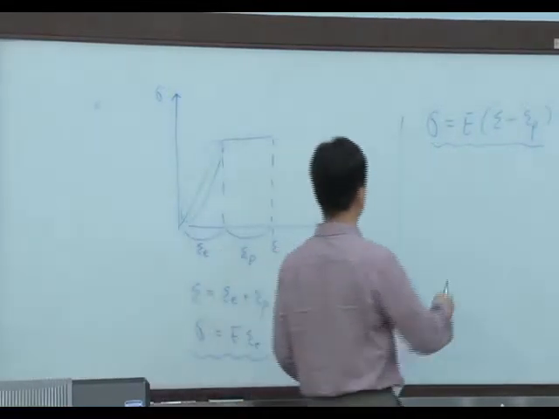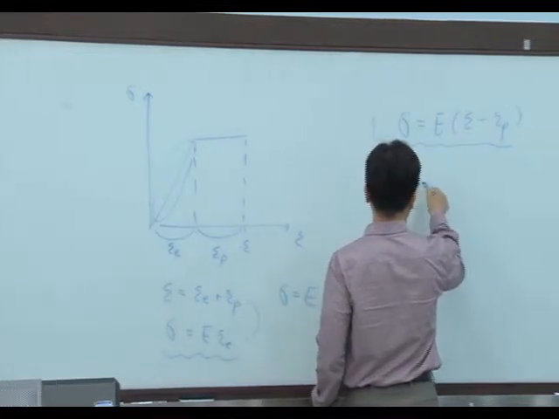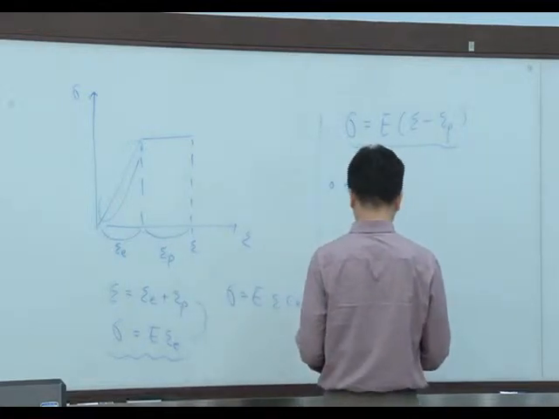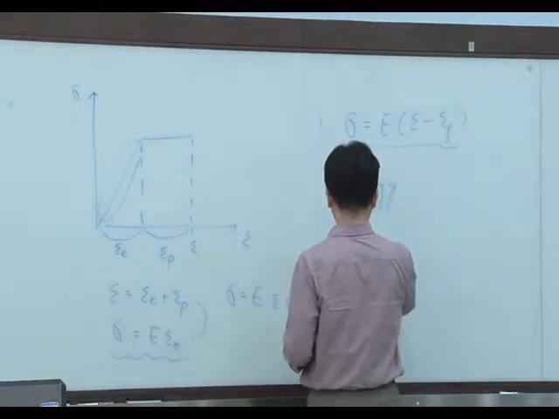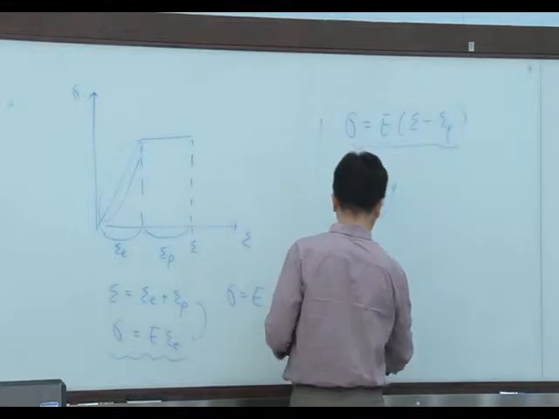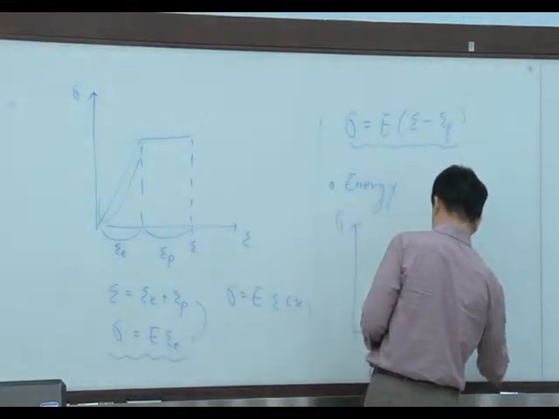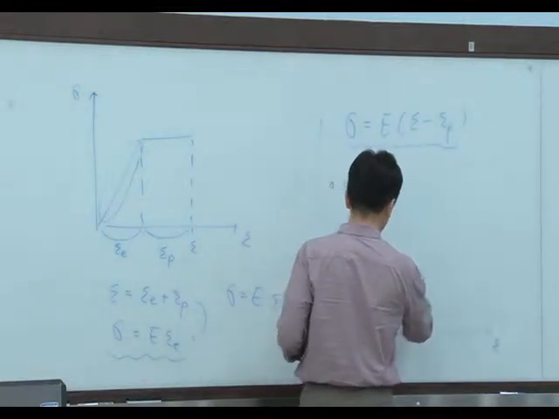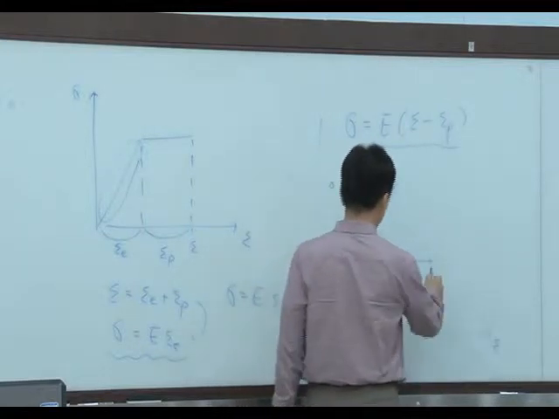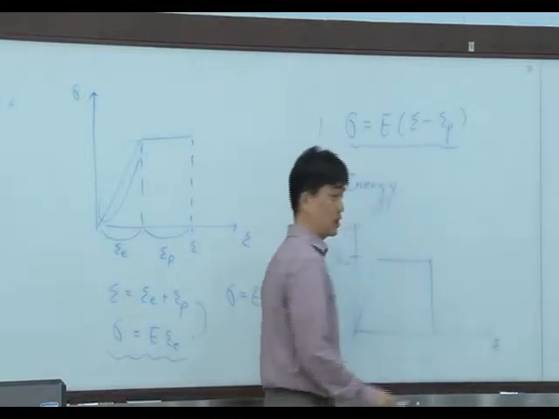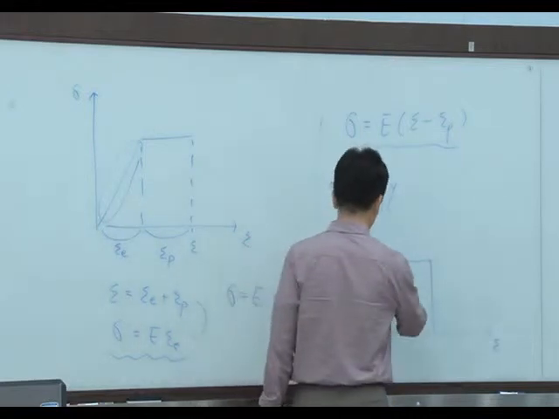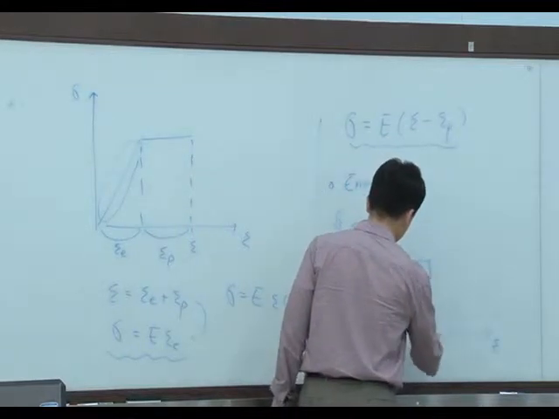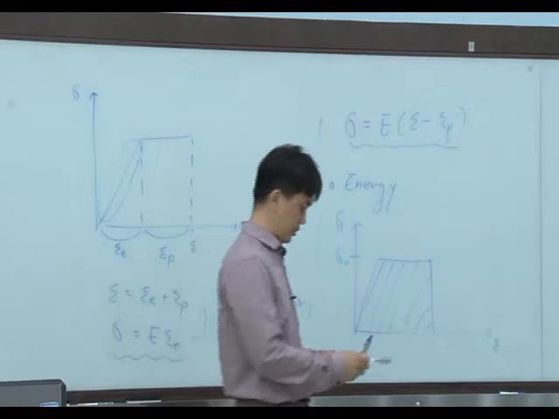And now let me talk about energy. On the stress-strain graph, energy can be calculated by the area of all of this. This is the energy done by the external work.